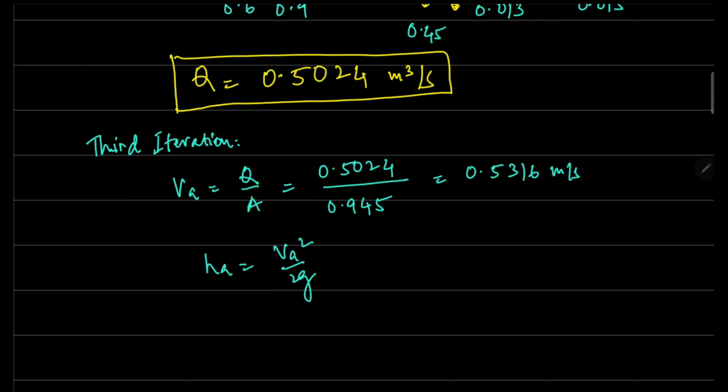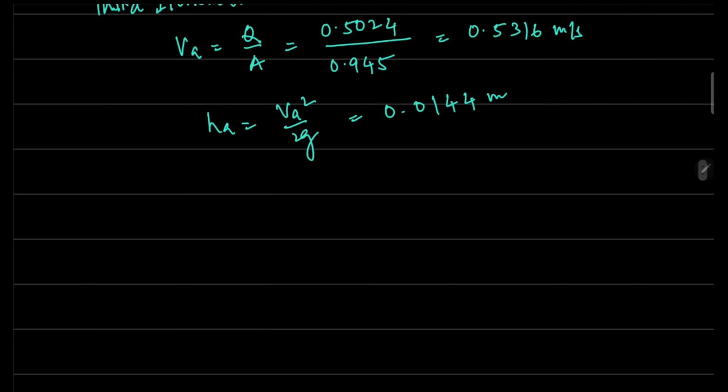So the square of this divided by 2 divided by 9.81 comes out to be 0.0144 meters.